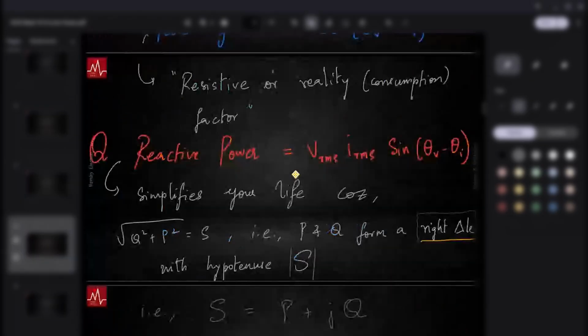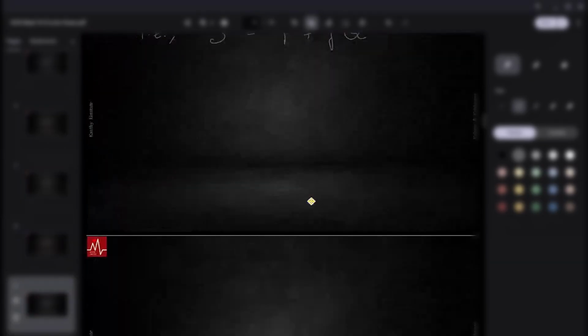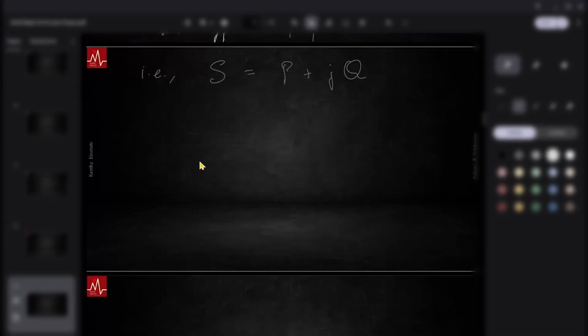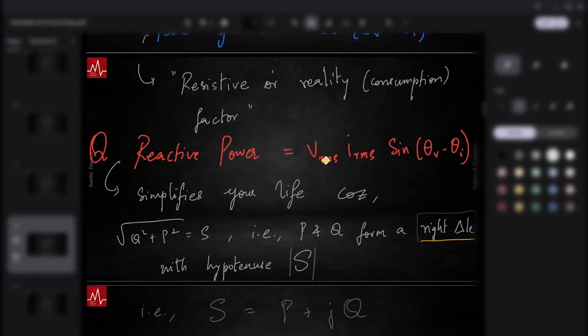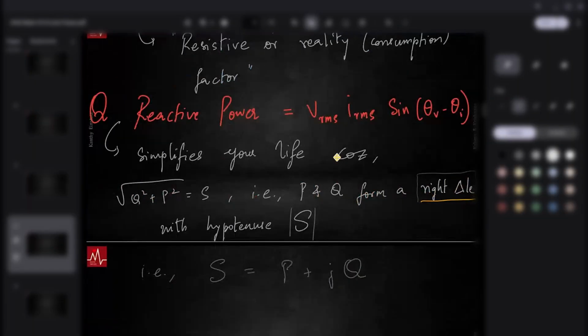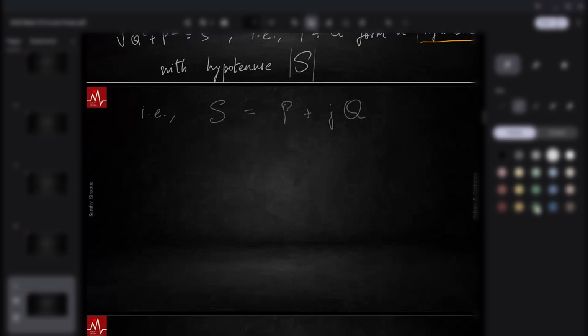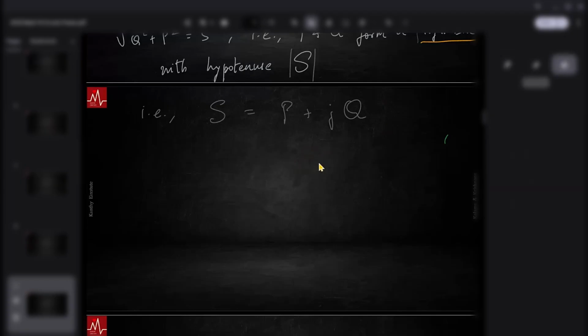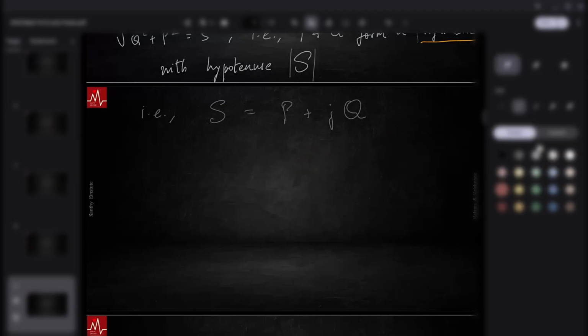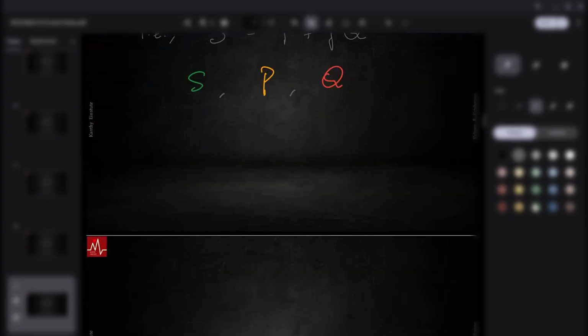What do you mean by that? So, let's avoid this math over here. You have S, P, Q. Let me at least write down that. This is the hypotenuse.